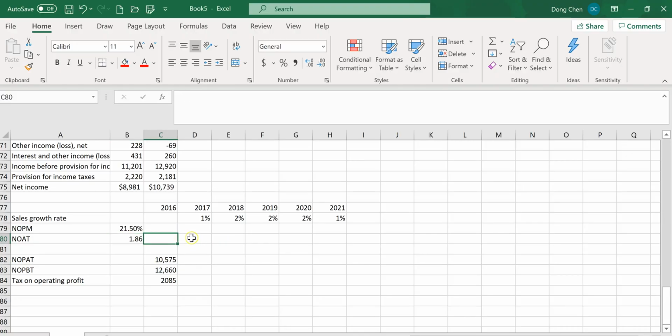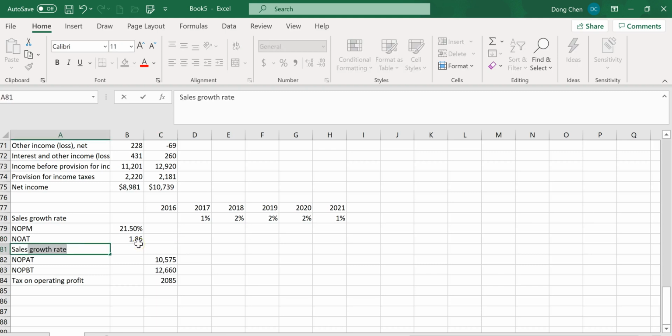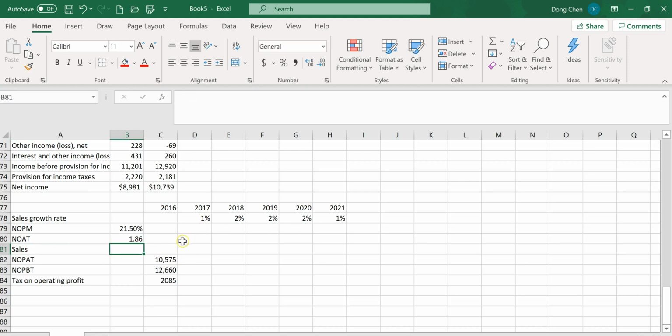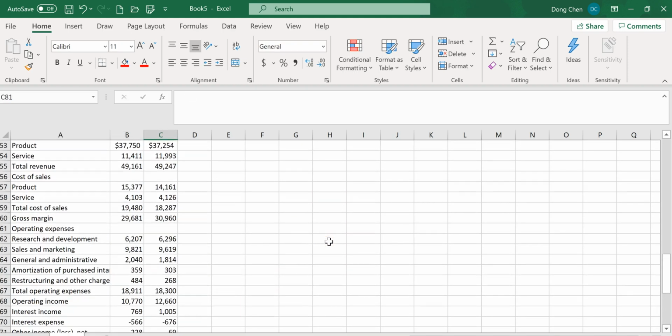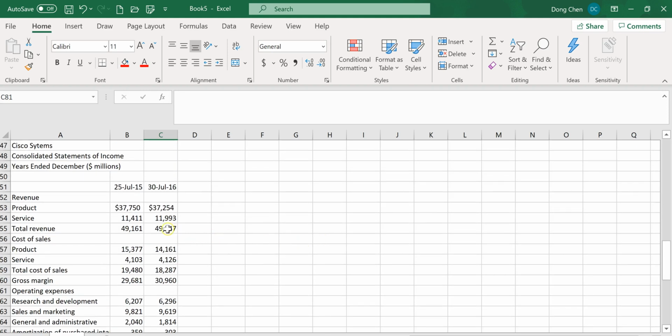So why do I need this? Because NOPM is basically NOPAT divided by sales. Once I can figure out sales, I can use these numbers to figure out the corresponding NOPAT. So what is the sales? For 2016, that's provided by the financial statement.